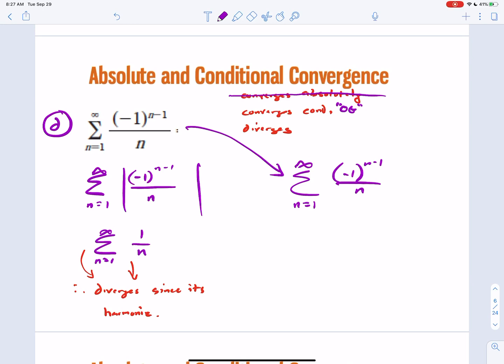And you could find out that it converges because the limit of 1 over n as n goes to infinity goes to 0. So we can say that it converges by the alternating series test. Or if you had a really good eye on it, you could have said that since this is an alternating harmonic, it converges.